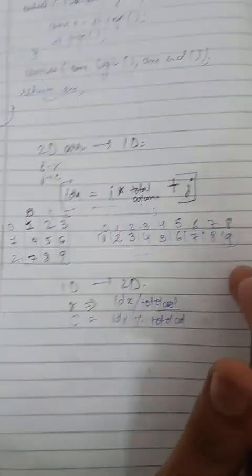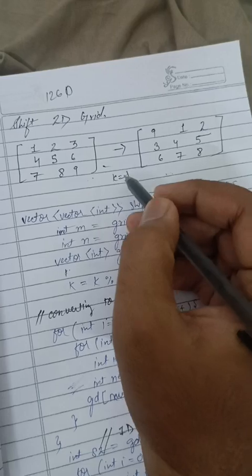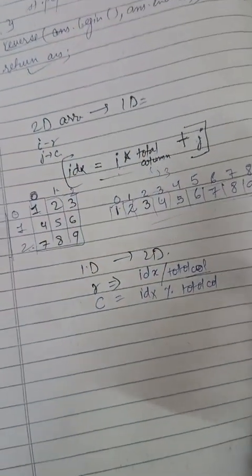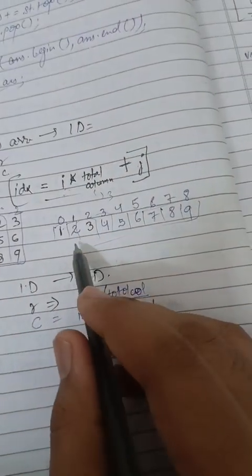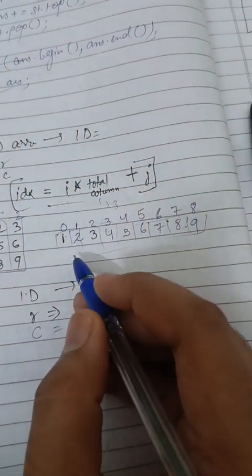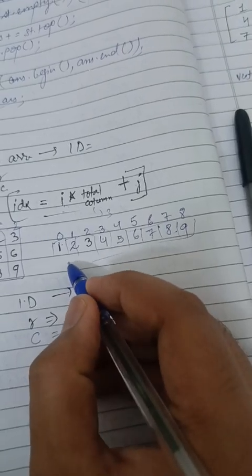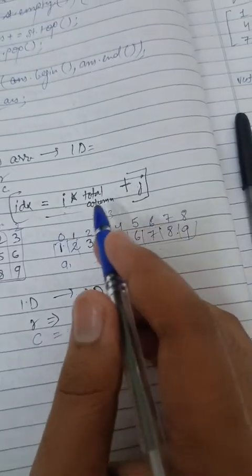Let's say the shifting was k equals 1, right? Suppose I shift it by 1, then what will be the new element? My new element 9 will be here, right? That's why I was doing modulo.